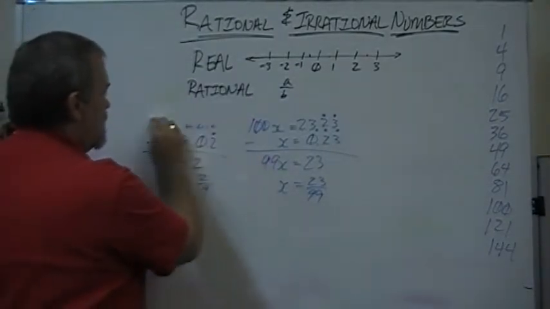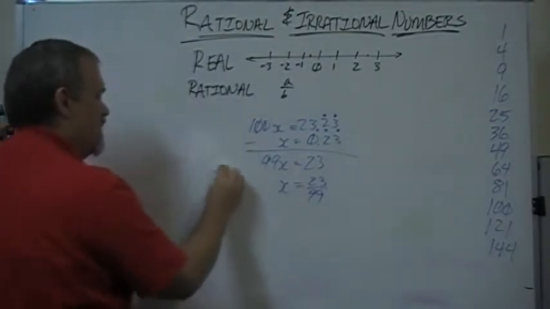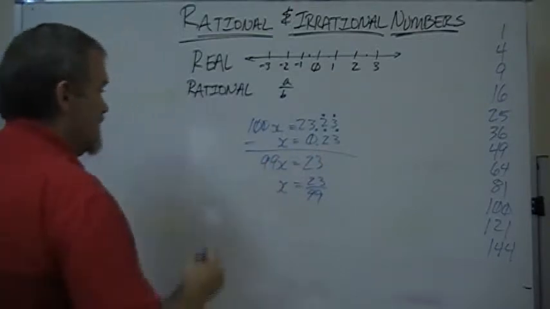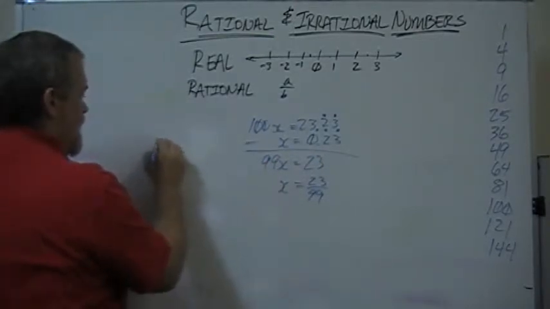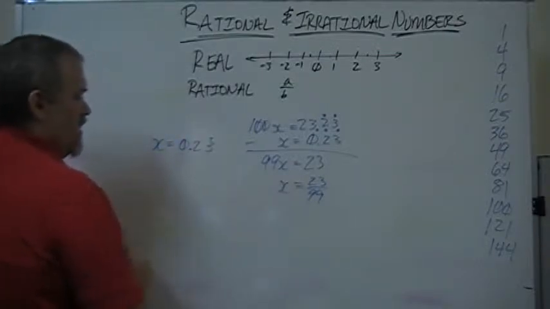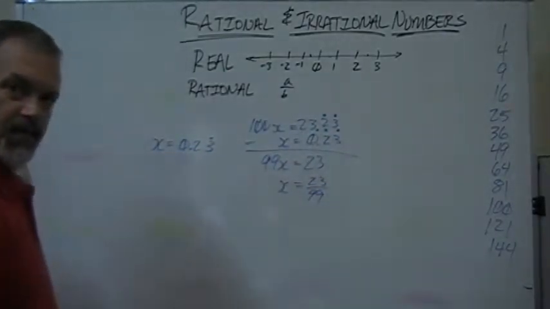Now, these do get a little bit more interesting whenever I have something that repeats a little further down past the decimal. So let's take this example. Let's say that x is equal to 0.23. Now you'll notice, rather than the 2 and the 3 repeating, it's only the 3.